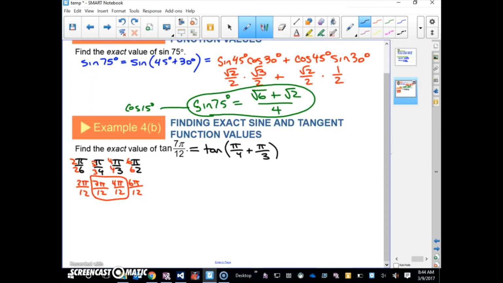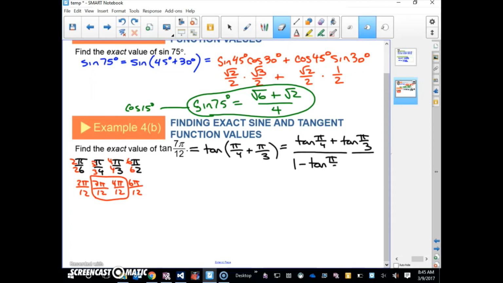So, your pattern for a tangent sum says tangent of the first plus tangent of the second over 1 minus tangent of the first one times tangent of the second one.